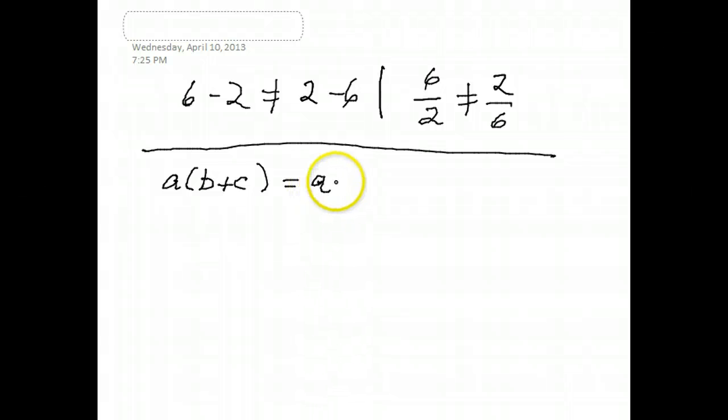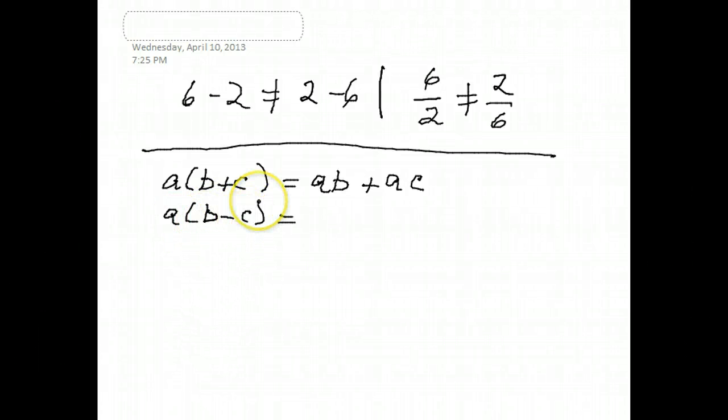So A times (B plus C) is equal to A times B plus A times C. And the same thing will work if you have a subtraction inside the parentheses. So this would be A times B minus A times C. All right?